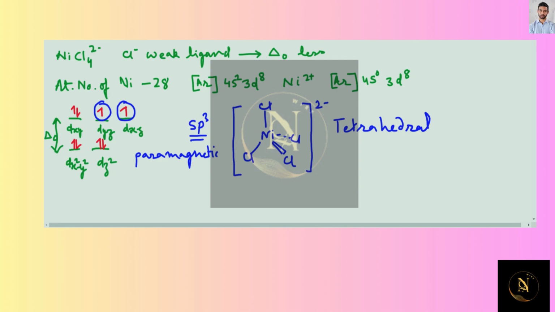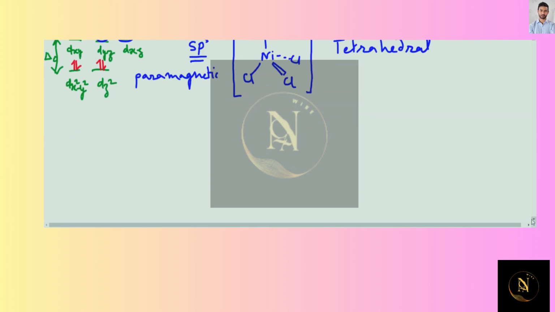Now in the second complex, what happens? The complex is Ni(CN)4. So when the complex is nickel CN4, CN ligand, we know already that it is a strong ligand. 2 negative should be the charge over it.